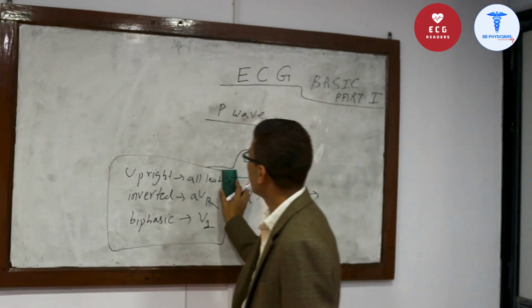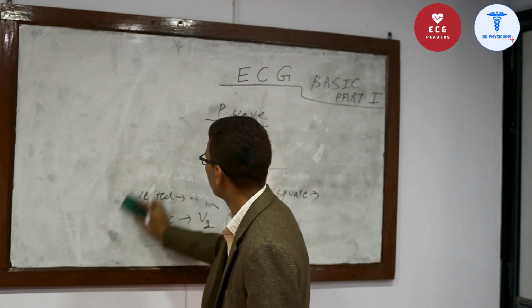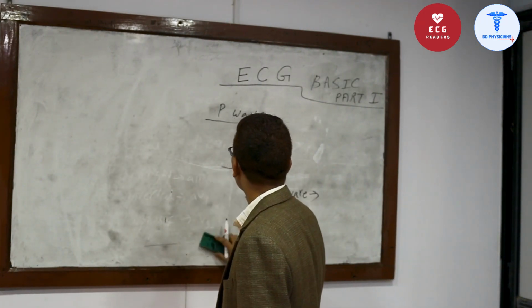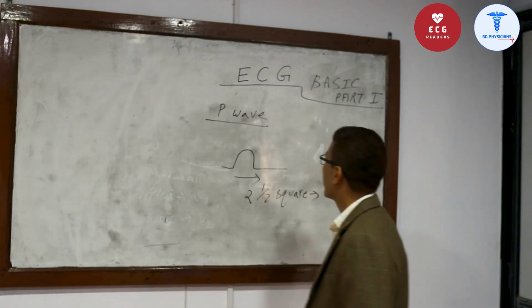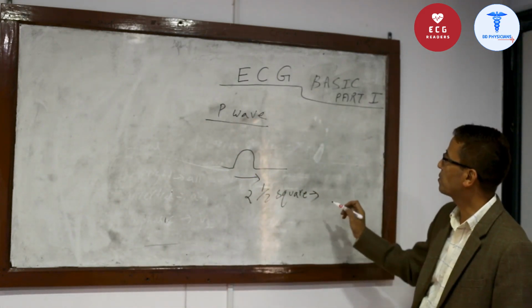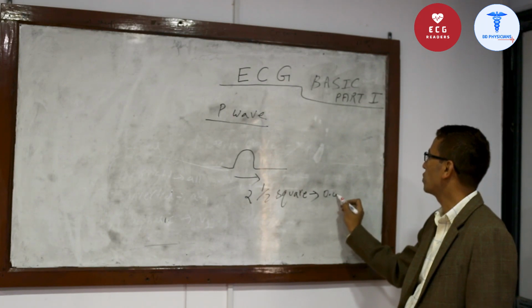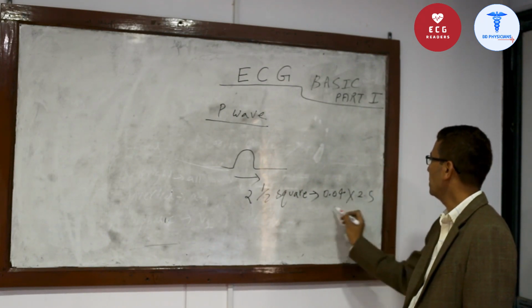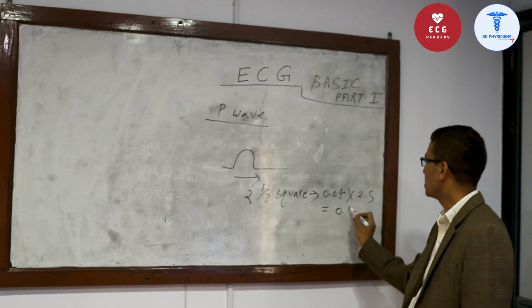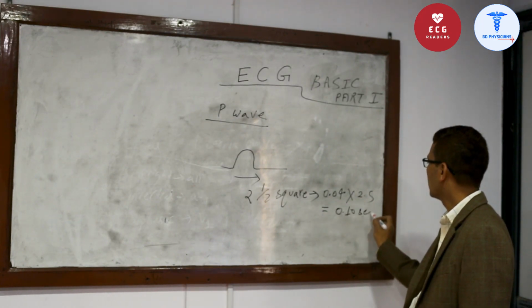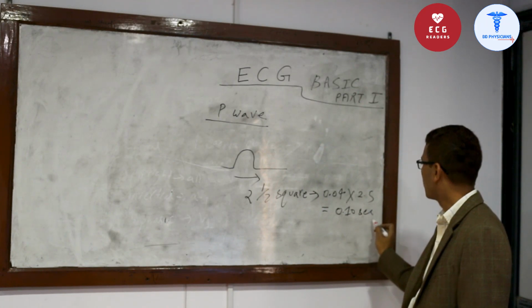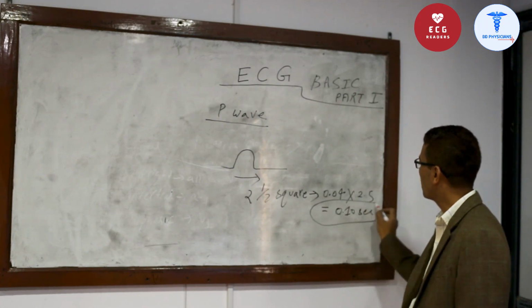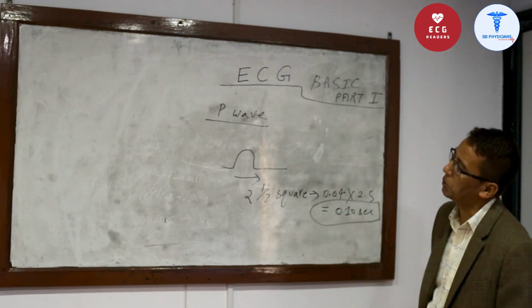Its normal time duration in the x-axis is 2.5 squares. One small square is 0.04 second, so up to 2.5 squares is 0.10 second. Up to 0.10 second is the normal time duration of the P wave.